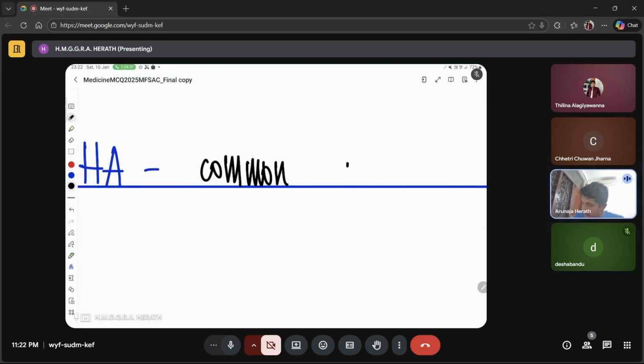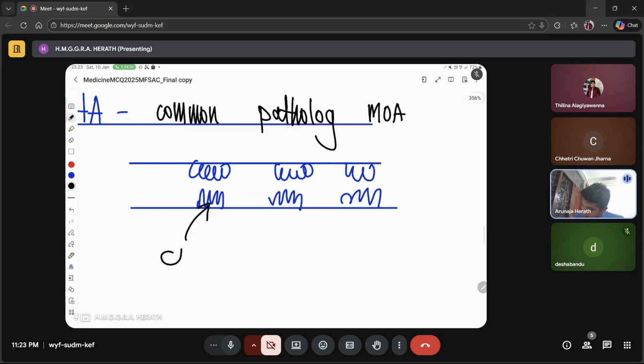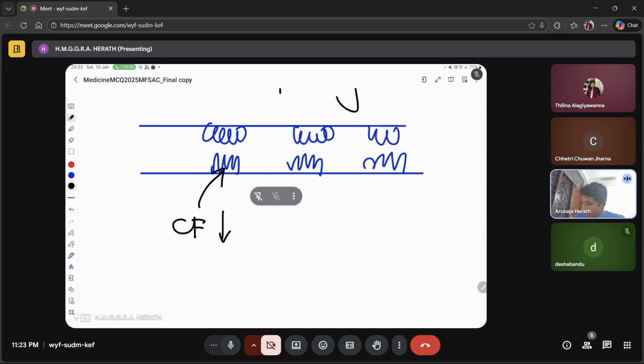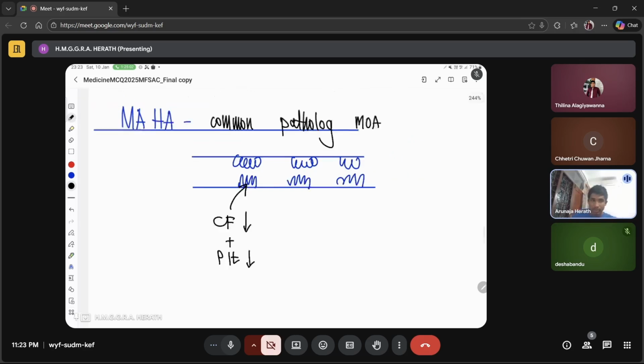The common pathological mechanism of MAHA is that these patients get small clots in the small blood vessels, right? So what happens is that because the clots are being formed, all the clotting factors reduce, and also the platelets are used up, so platelets also reduce.